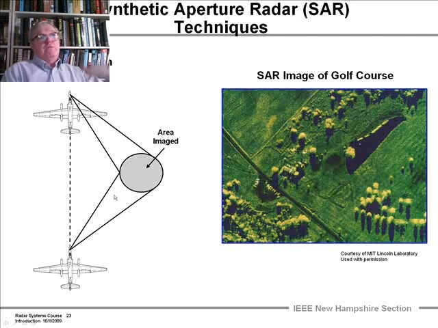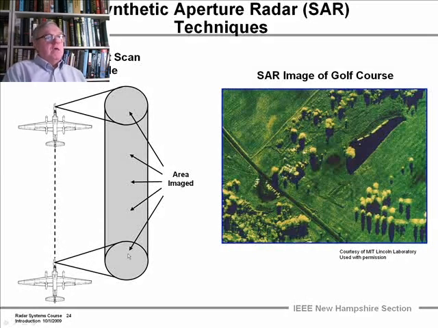Now, there are many different ways to do the scanning of a synthetic aperture radar. Here is another one where you do a spotlight here, and then the plane moves a little bit, and this area imaged will move over a little bit more, and a little bit more, and a little bit more, and you'll get overlapping images as the plane moves.